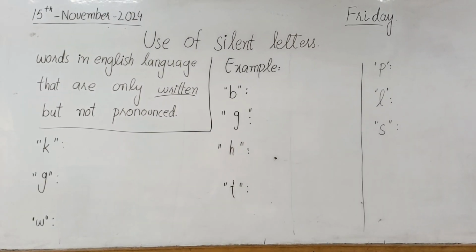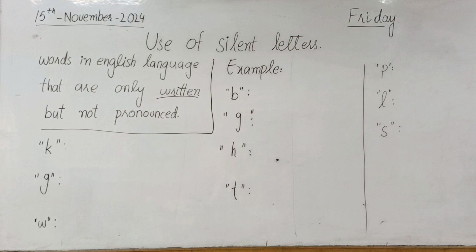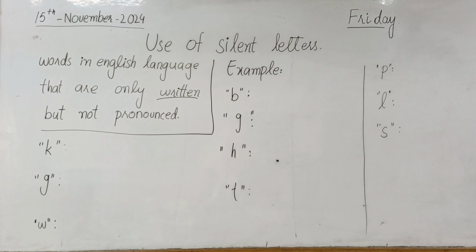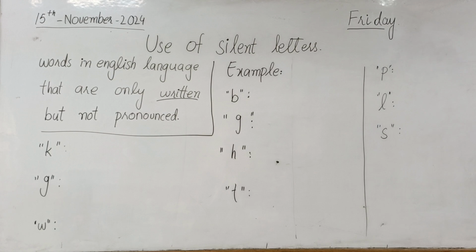These are the list of some words. Although every letter in the alphabet can be silent in some words, these are the letters that I have mentioned on the board. I will explain all these letters by providing some examples so that you can understand the concept well.